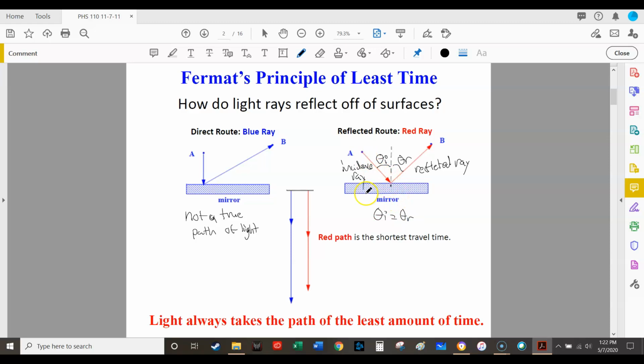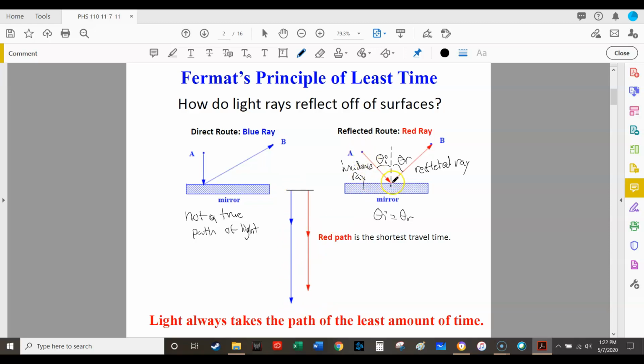Well, a lot of people ask, why is that true? Well, if it would travel this way, which is more of a direct route, that distance, as you can see, if I've lined up those vectors correctly, looks shorter.